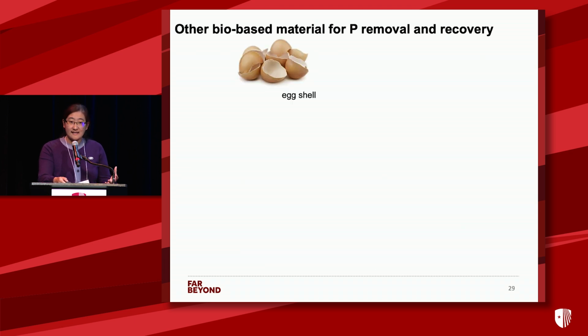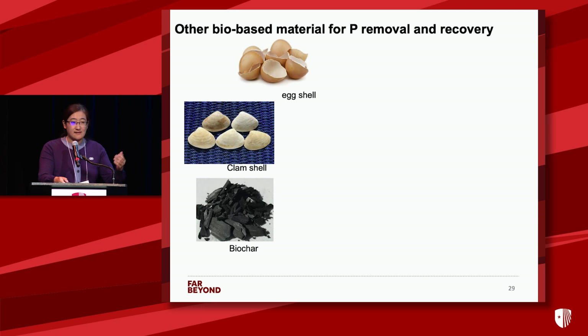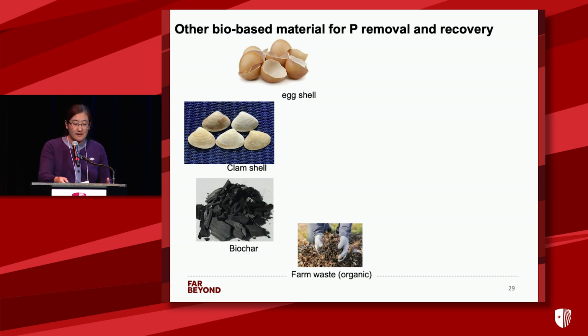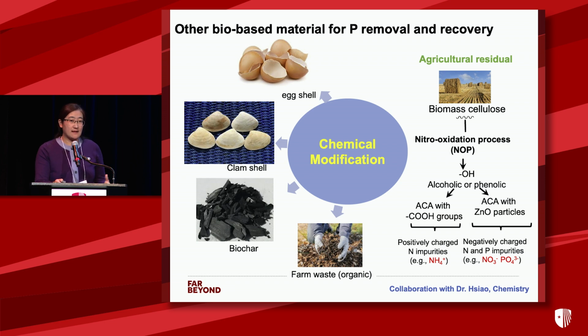All right, so with that success, we think probably we can also use other bio-based materials such as eggshells or clamshells, which are rich in calcium, or biochars, as Xinwei mentioned, and even farm waste. By applying a proper chemical modification, we'll be able to convert them to phosphorus adsorption materials. I want to give you a very brief example. This is a collaboration with Dr. Xiao in chemistry.